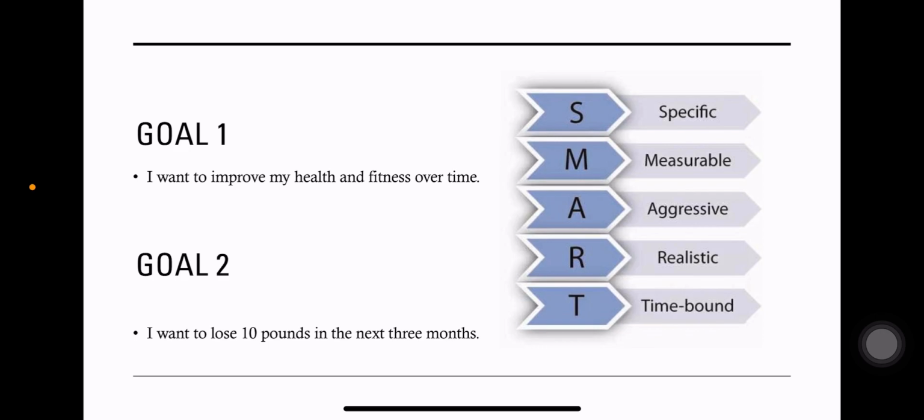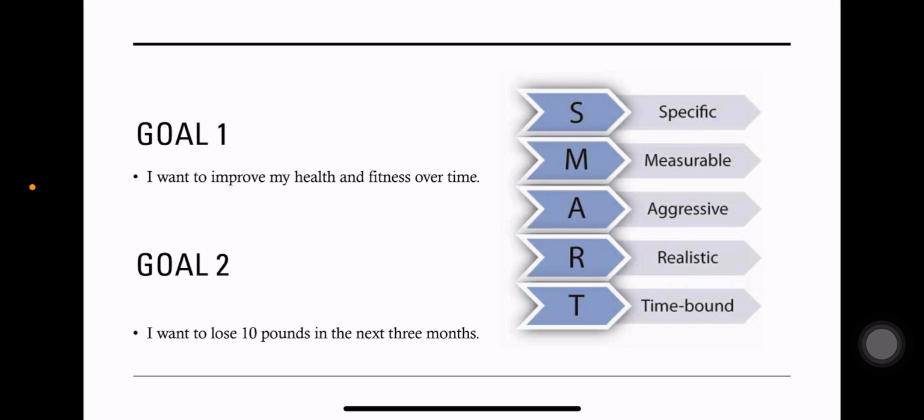And M stands for measurable, and every goal should be measurable. That is when you know if you have achieved the goal successfully or not. If the goal is not measurable, you will not know whether you have achieved it or not. Like in goal 1, let's say you have improved your health and fitness, but you don't know whether you have improved it or not, because there is no measure for it.